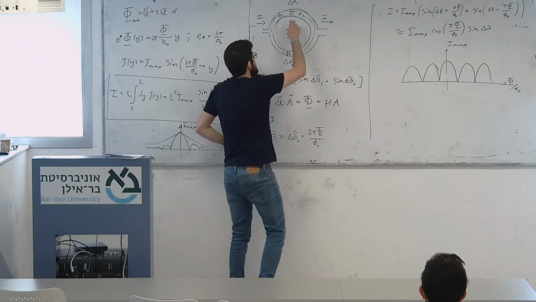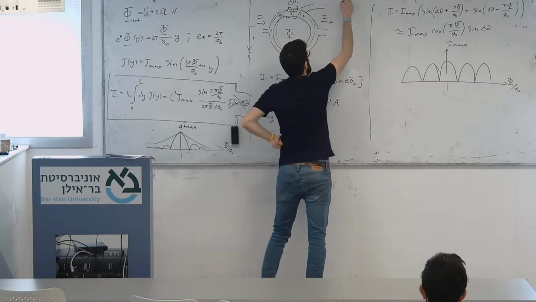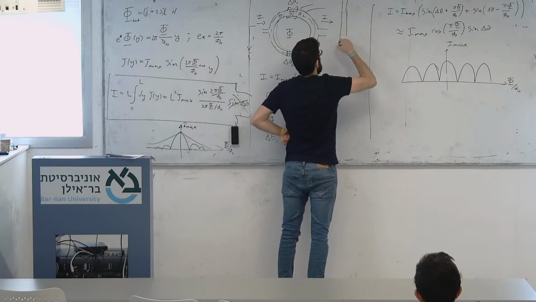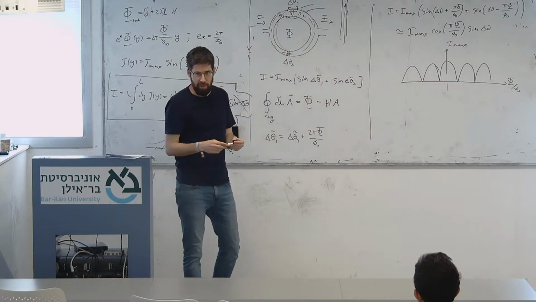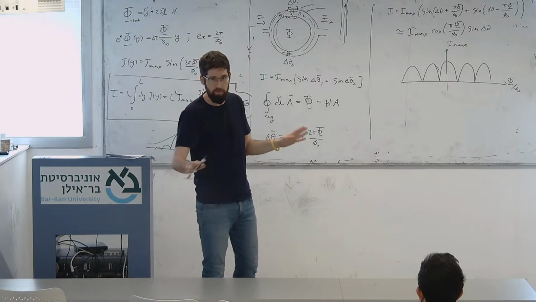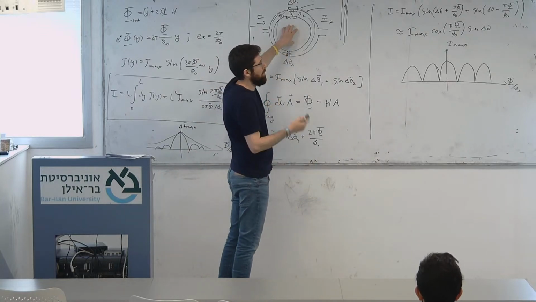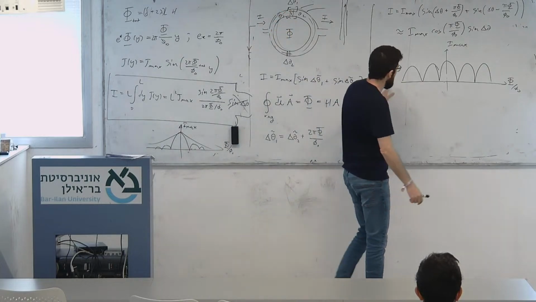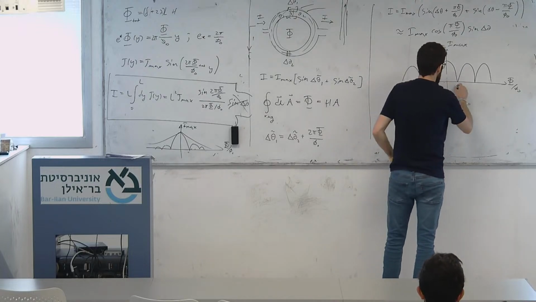If we would zoom in on this region, there would be some magnetic field penetrating. It would cause the same Fraunhofer effect, but we've neglected all that, assuming maybe that most of the flux is here, or that these are very small Josephson junctions, but we still enjoy this kind of periodicity.